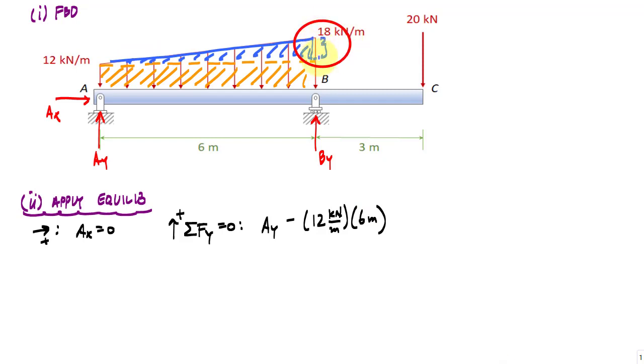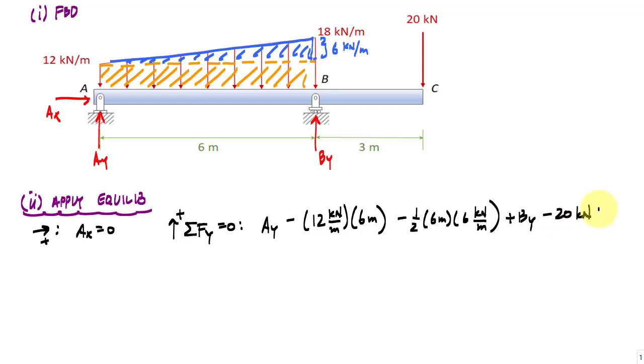This part right here is 18 minus 12, which is 6 kilonewtons per meter. The force from the triangular portion of the load is minus 1/2 the base, which is 6 meters, times a height of 6 kilonewtons per meter. And then I add the BY and minus the 20 kilonewton concentrated force at the end, C. And when I write all this out, I'll get 2 unknowns, 1 equation.